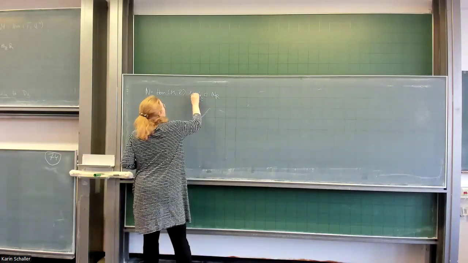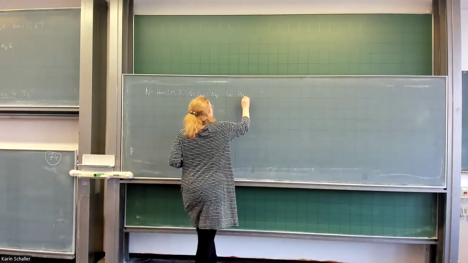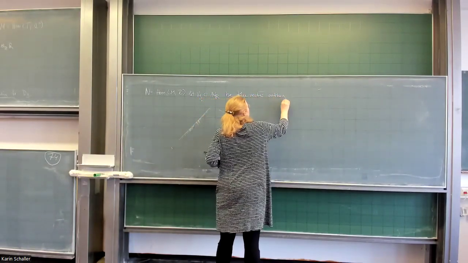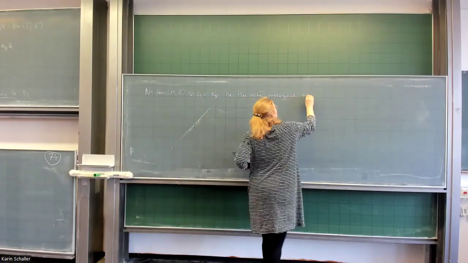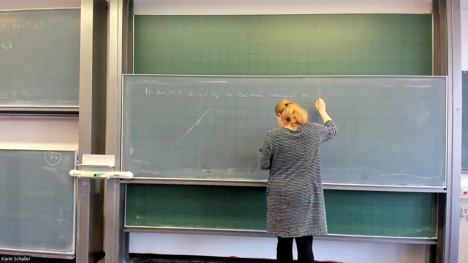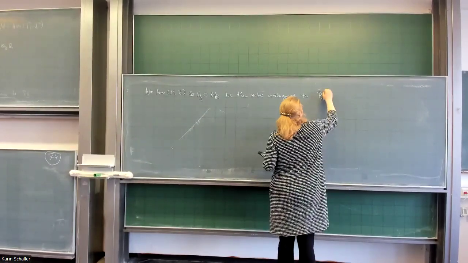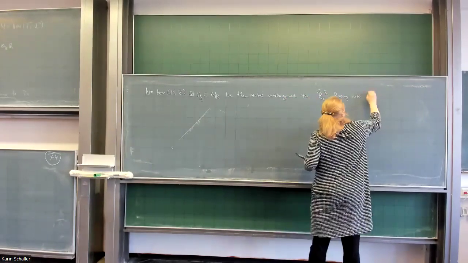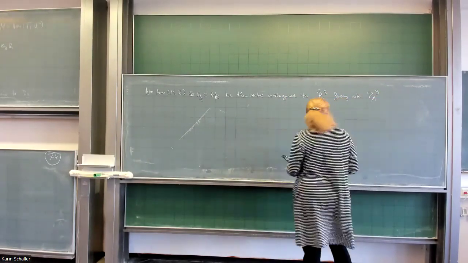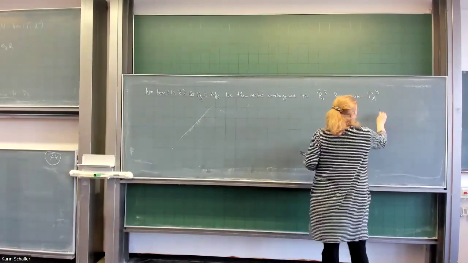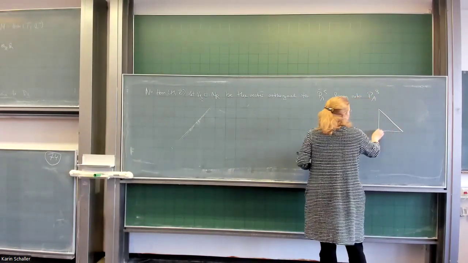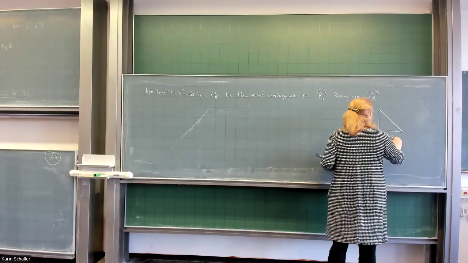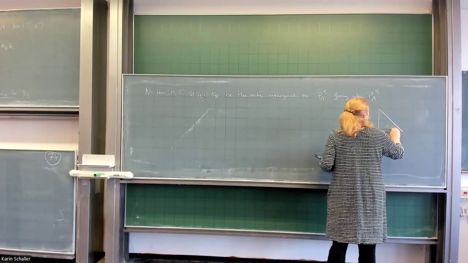So let v_rho be the vector orthogonal to the facet P_rho, facing into the polytope. So if my polytope looks like this, right? So this is my P_A, this is P_rho1, and this is v_rho1.